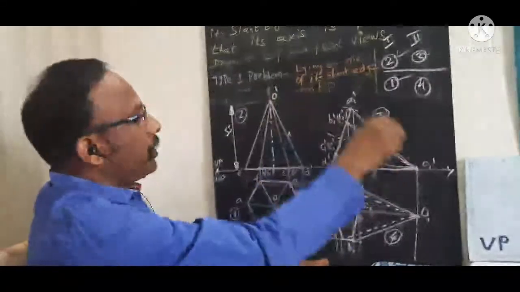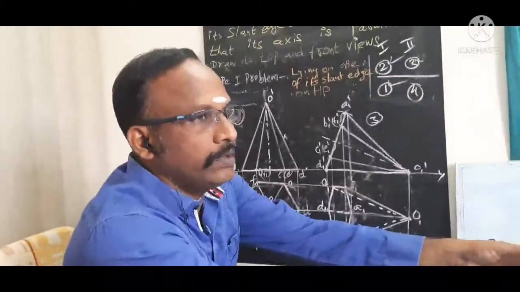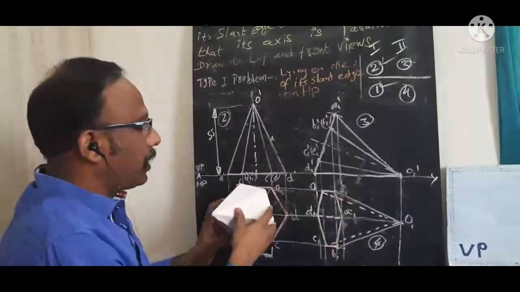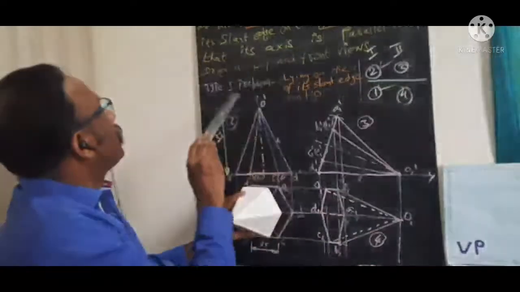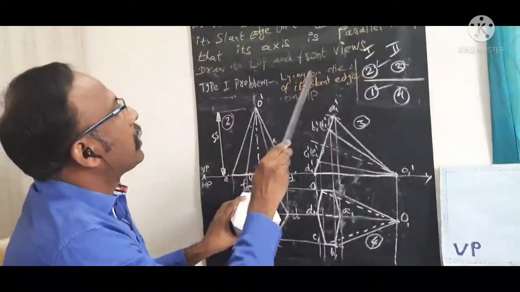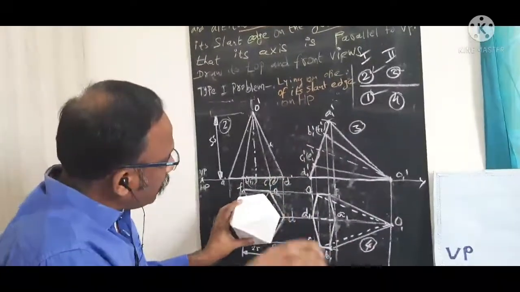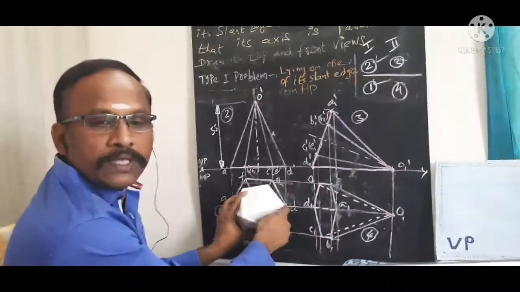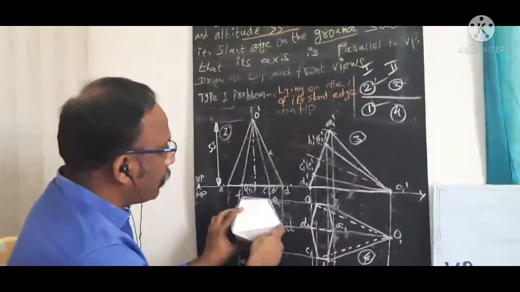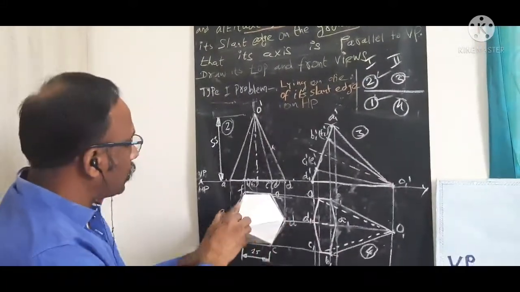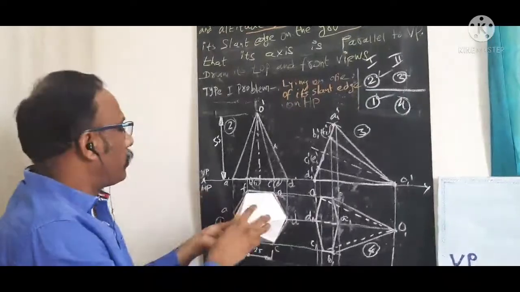Now we have completed all the projections. Quick review: for this problem, first you find it is a type 1 problem because the solid lies on one of its slant edges on the HP. Keep one of the slant edge corner points on the right side and draw the corresponding top view in step number 1.